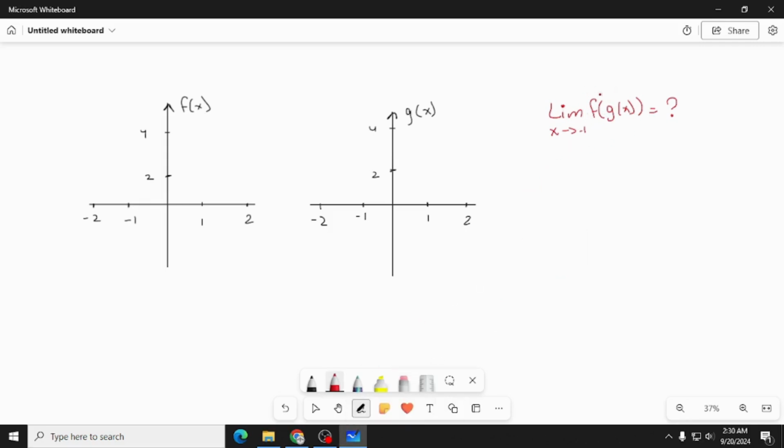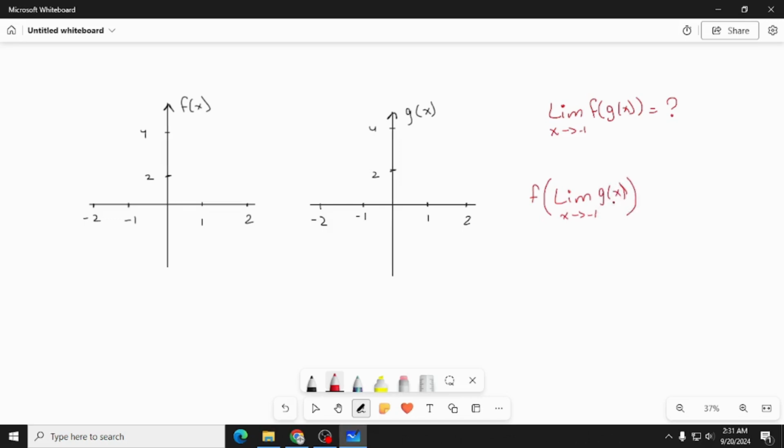All right, so there are two different conditions that need to be true in order for this limit to exist. So how do we calculate this? First of all, we take this f function out, and we put that whole limit with the g of x function inside, as the limit as x approaches -1 of g of x.